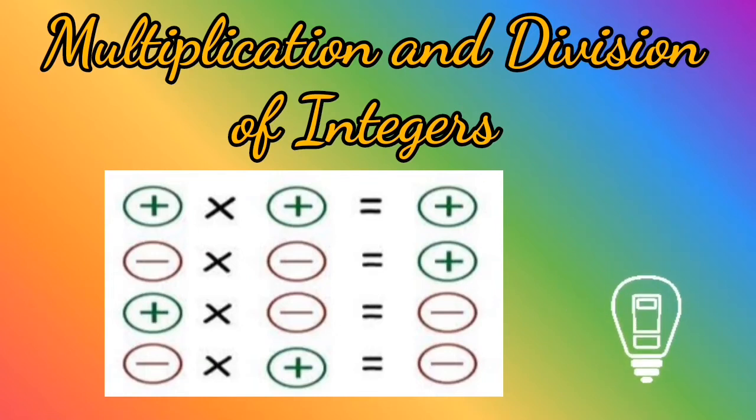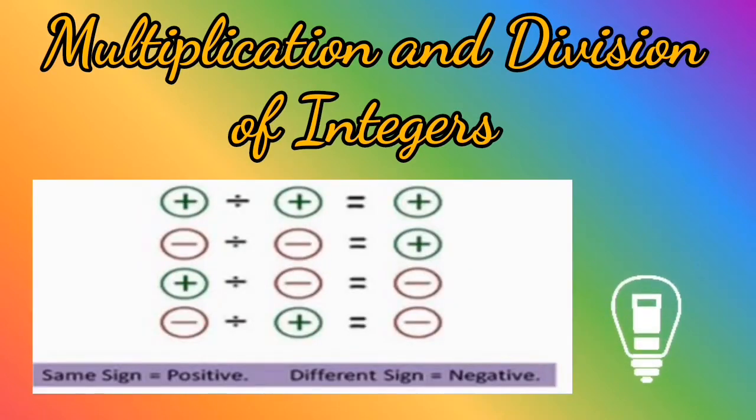If we multiply integers with different signs, the sign of the product is always negative. The same way, if we are dividing integers with the same signs, the sign of the quotient is always positive. And if we divide integers with different signs, the sign of the quotient is always negative.